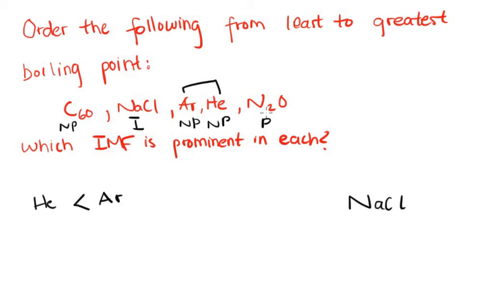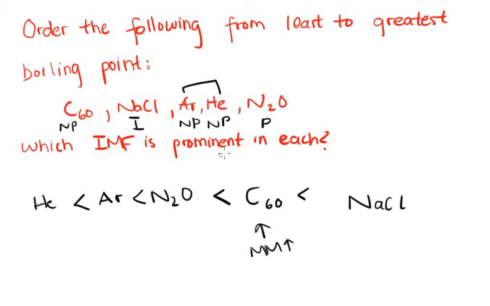So actually, we'd expect dinitrogen monoxide to be before C60. Normally, if this was something like chlorine, a diatomic molecule, then it would definitely be before dinitrogen monoxide. But just because C60 has such a huge molar mass, it's going to be a little higher than dinitrogen monoxide.